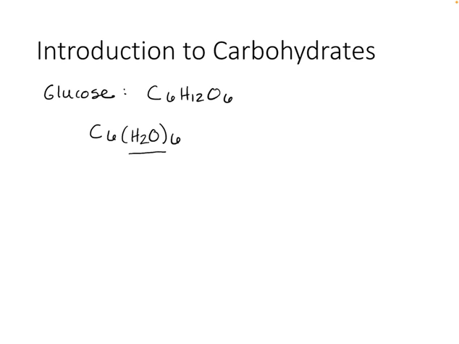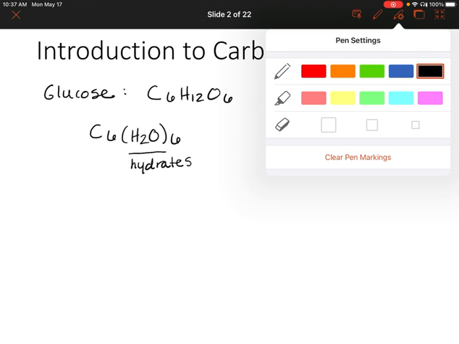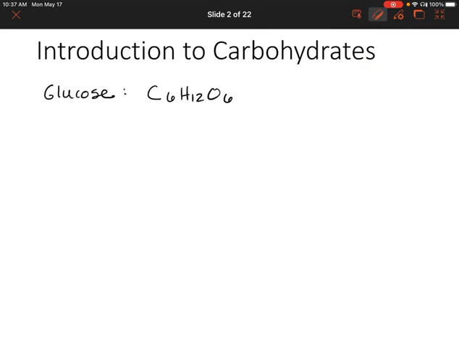So it was thought that there were hydrates attached to the carbons. However, later on, scientists were able to figure out the structure of glucose, and they found that it's actually composed of a chain of carbons with hydroxy groups attached, not H2O. But the name for carbohydrates stuck.